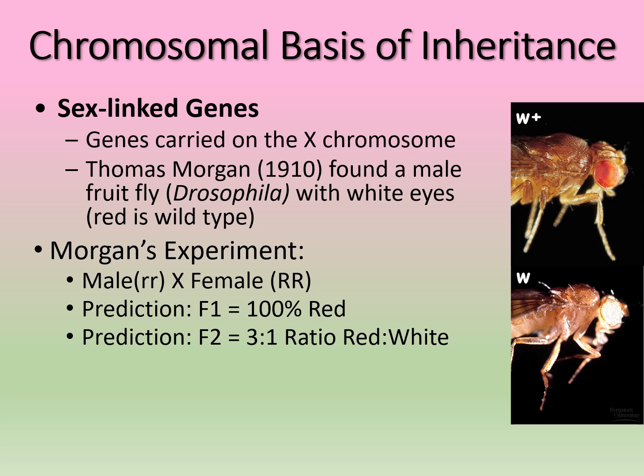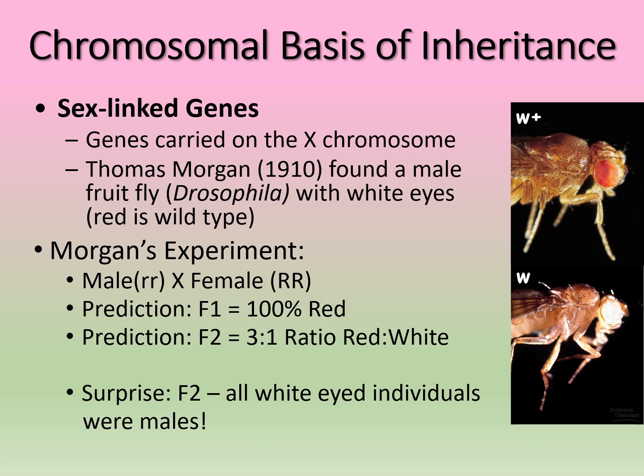His prediction was that in the F1 generation he'd get 100% red. They'd all be heterozygotes, big R little r, and they'd all be red-eyed. Then for the F2 generation, if he crossed 2 of those heterozygotes together, he'd get a 3-to-1 ratio of red to white. That should be our classic Mendelian genetics.